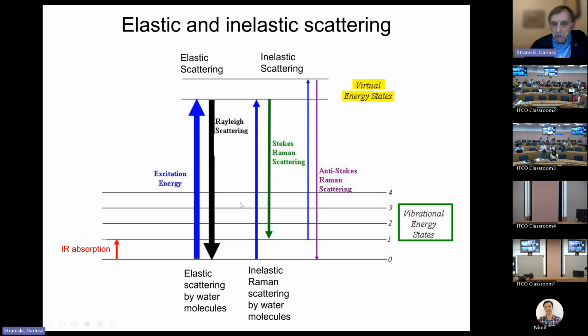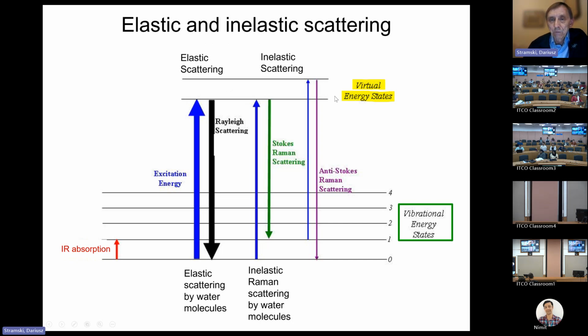This graph has this bunch of horizontal lines, so let us assume that these horizontal lines here, 0, 1, 2, 3, 4, are the lines of the ground electronic state, but different lines represent different vibrational energy states within the ground electronic state. The lines up there are not supposed to represent any specific quantized internal energy levels of atoms. So this is not an excited electronic state.